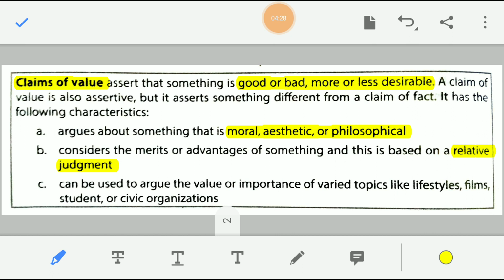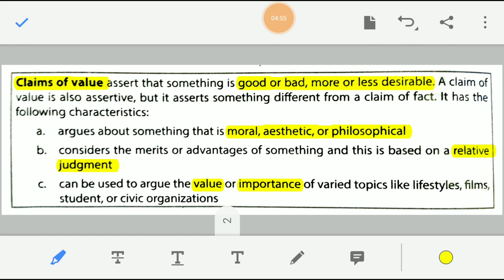Then, number 3, it can be used to argue the value or importance of varied topics like lifestyles, films, students, civic organizations. Take note of the word value and the word importance. Gaano kahalaga ang isang bagay? That is again based on your own belief. So ang lifestyle, for example, ang mabuting lifestyle ba, or the way people are living.